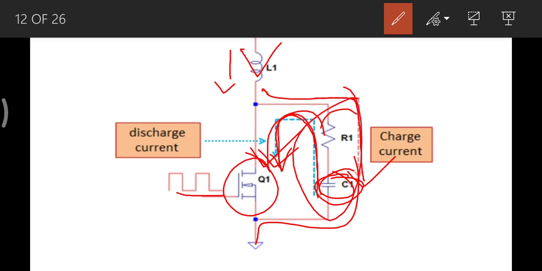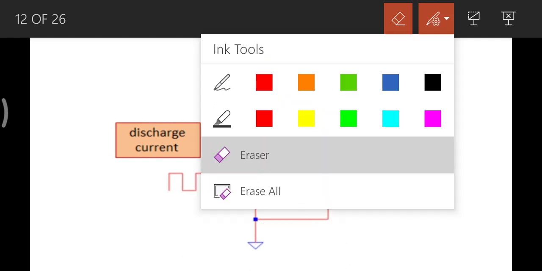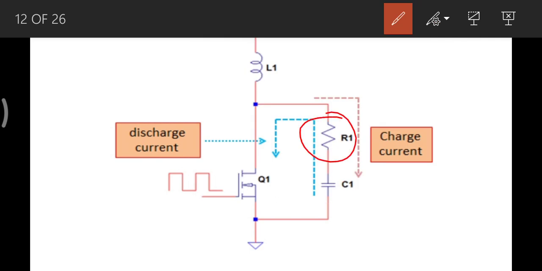Here the R1 is present to limit the current sent by the capacitor C1. So this is the practical operation of the snubber circuit. This process goes on regularly.